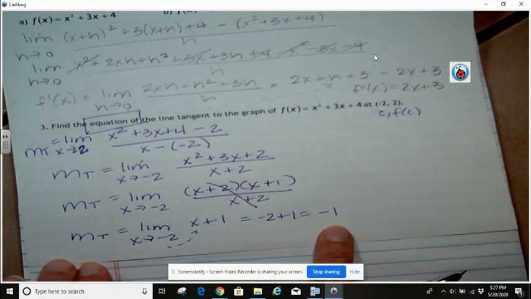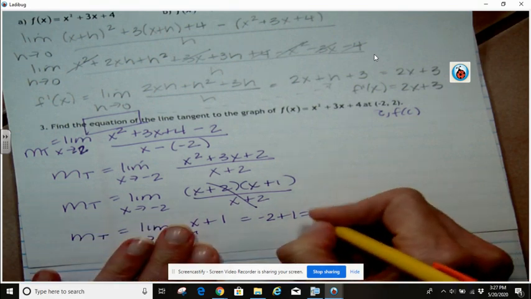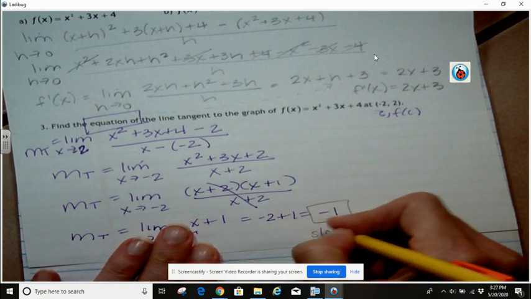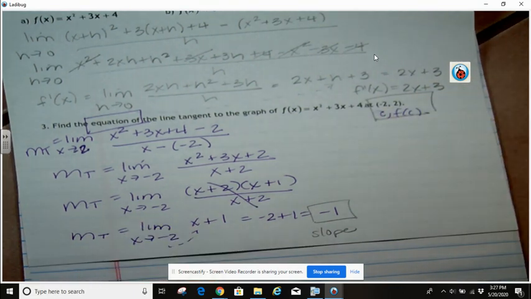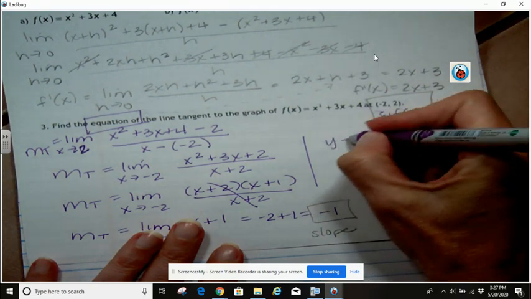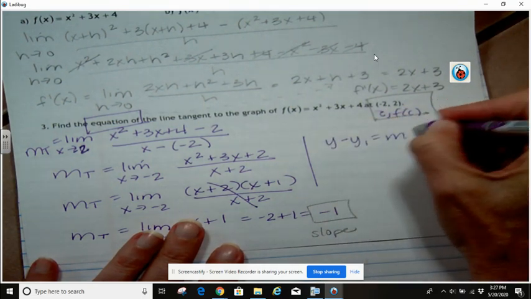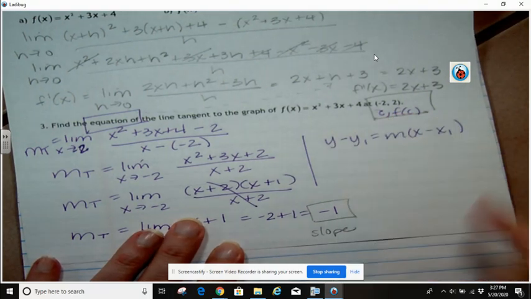So this is the slope we're going to use. Well, if you have a slope and a point, you should always be able to write the equation of a line using point slope formula, which is y minus y sub 1 equals slope times x minus x sub 1, where x sub 1 and y sub 1 use that point that you know.